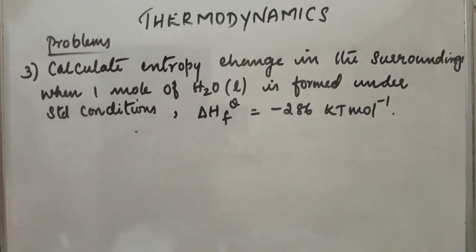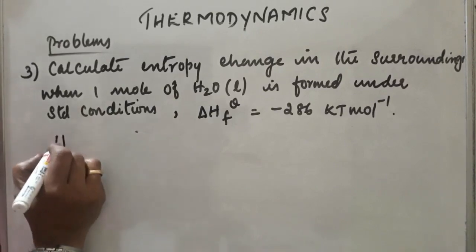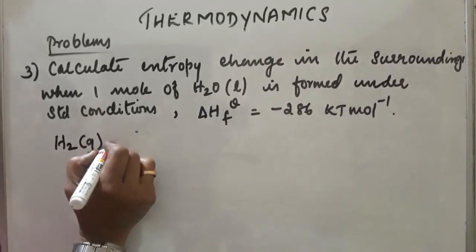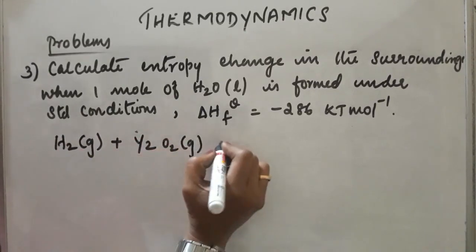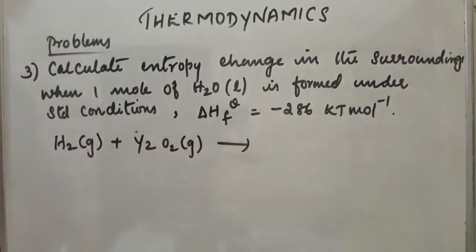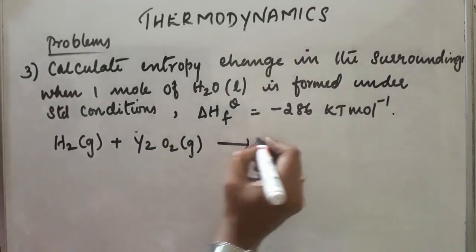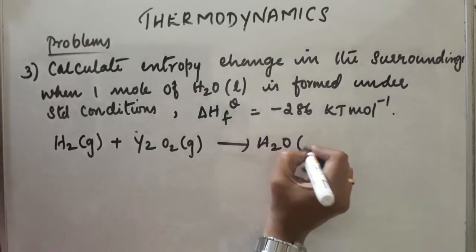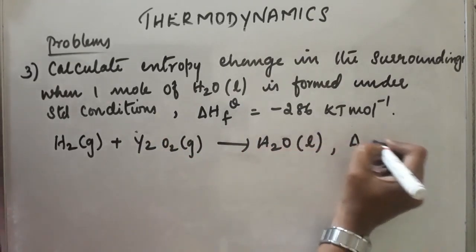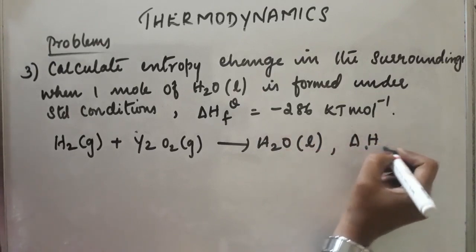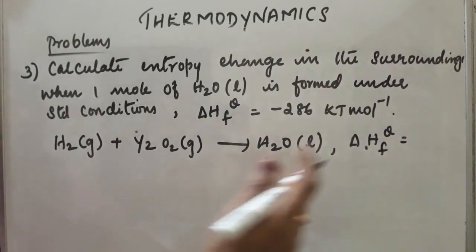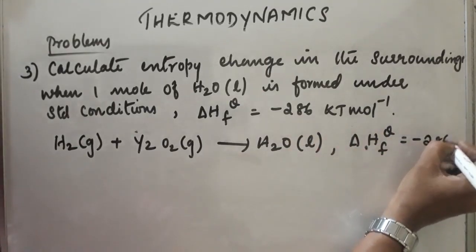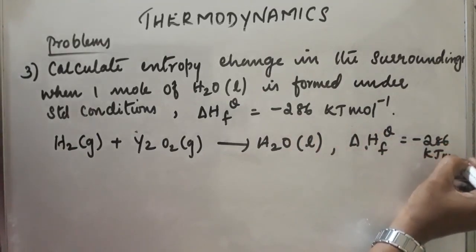So the equation will be H2 plus half O2 gives H2O liquid. Delta H, heat of formation standard, is given as minus 286 kilojoule mole inverse.